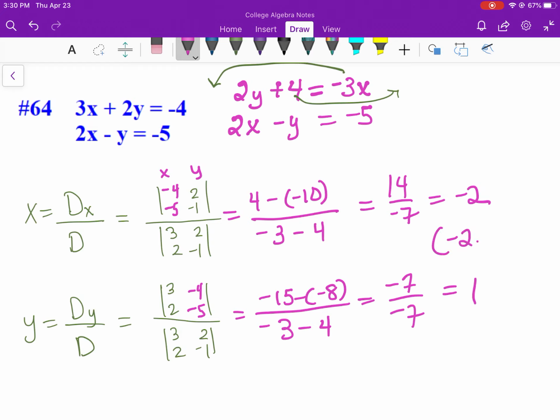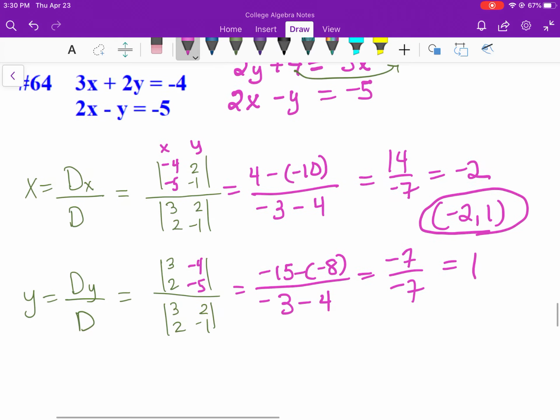So we get the ordered pair -2, 1. Okay, now we're ready to move on.